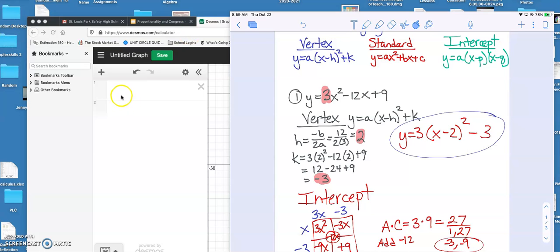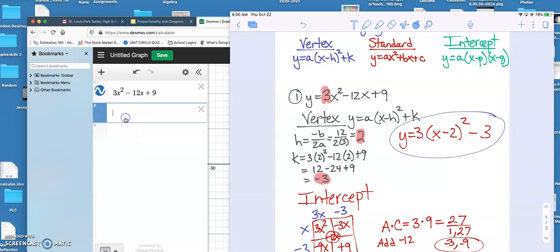One thing you can do to check these is go to Desmos and type in 3x to the power of 2 minus 12x plus 9. Then we can type it in vertex form, 3(x minus 2) squared minus 3.